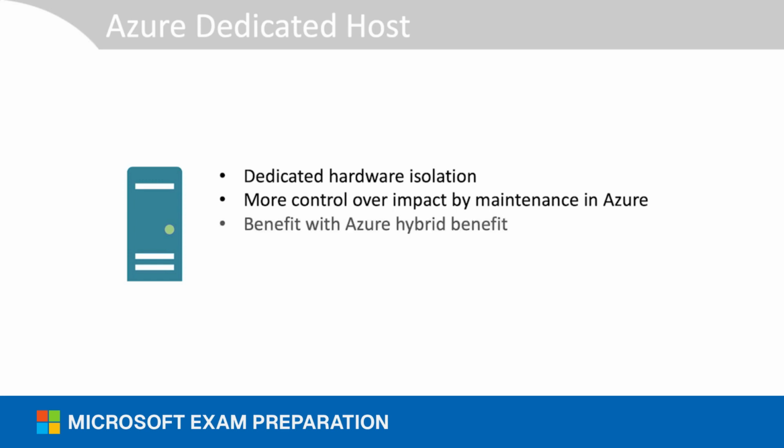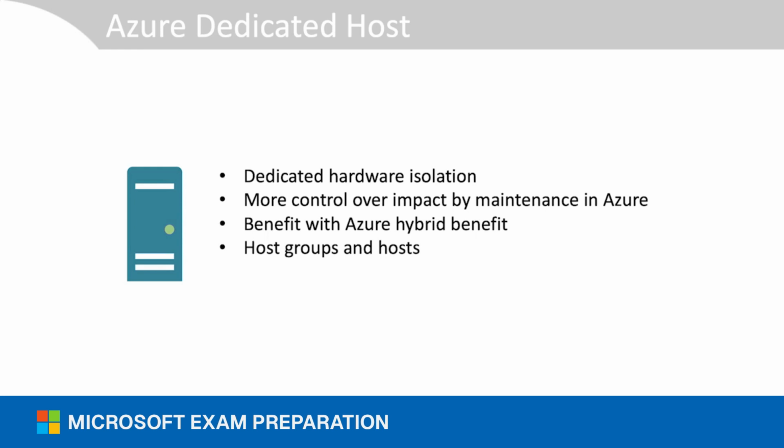You can also benefit by using Azure Hybrid Benefit, and this is where you use your own licenses for Windows Server and SQL Server, and you can benefit from using the Standard Edition and also a Data Center Edition license for both VMs and the host computer itself. Azure Dedicated Hosts are created in host groups, and host groups allow you to take advantage of availability zones.